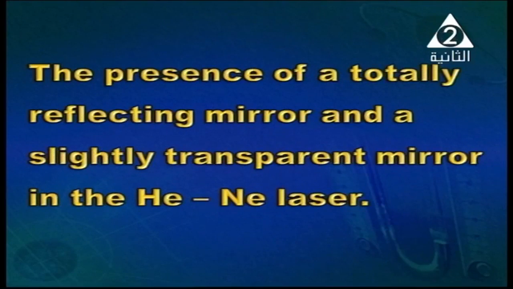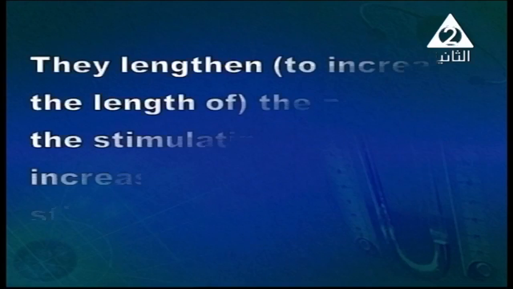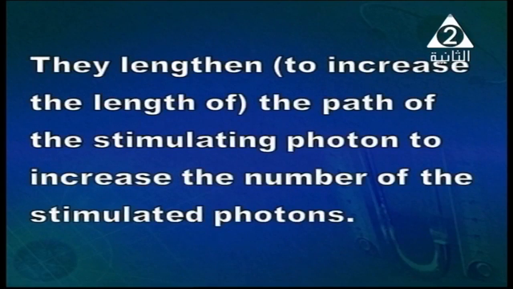Give reasons. We want you to explain why we should have two mirrors. Explain the presence of a totally reflecting mirror and a slightly transparent mirror in the helium neon laser. As a matter of fact, the two mirrors lengthen, they increase the path of the stimulating photon to increase the number of the stimulated photons.